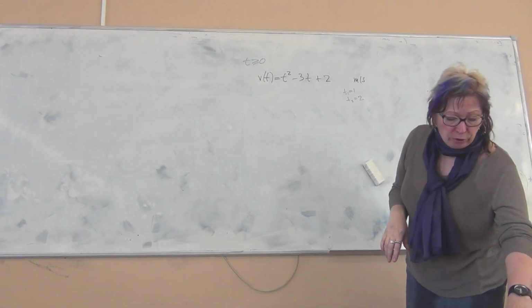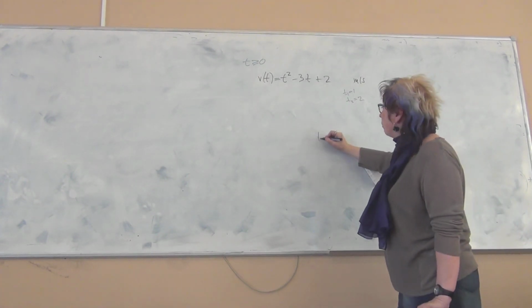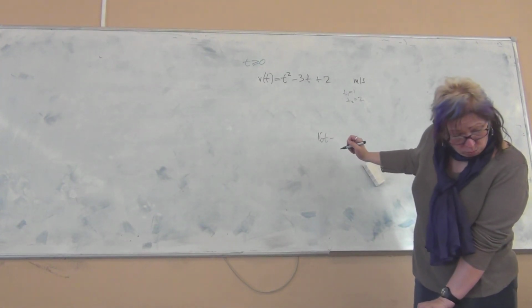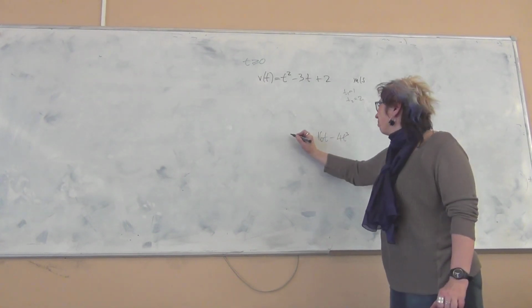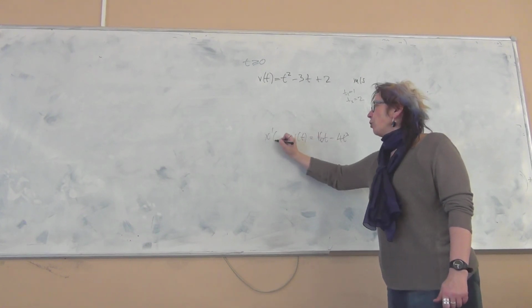I only want to point out one thing about number 3. We have a cubic function there, 16t minus 4t cubed, and that's the velocity. It's the derivative of x, if you notice.